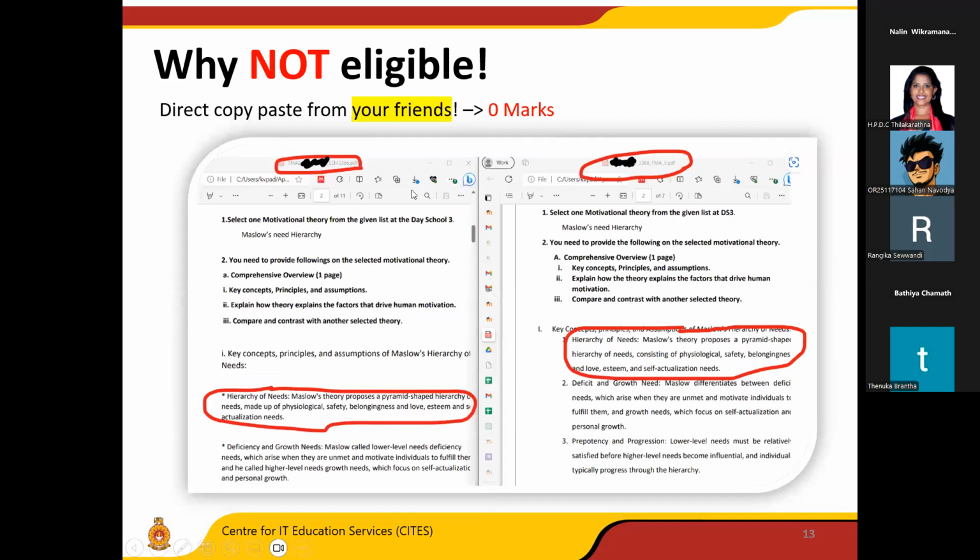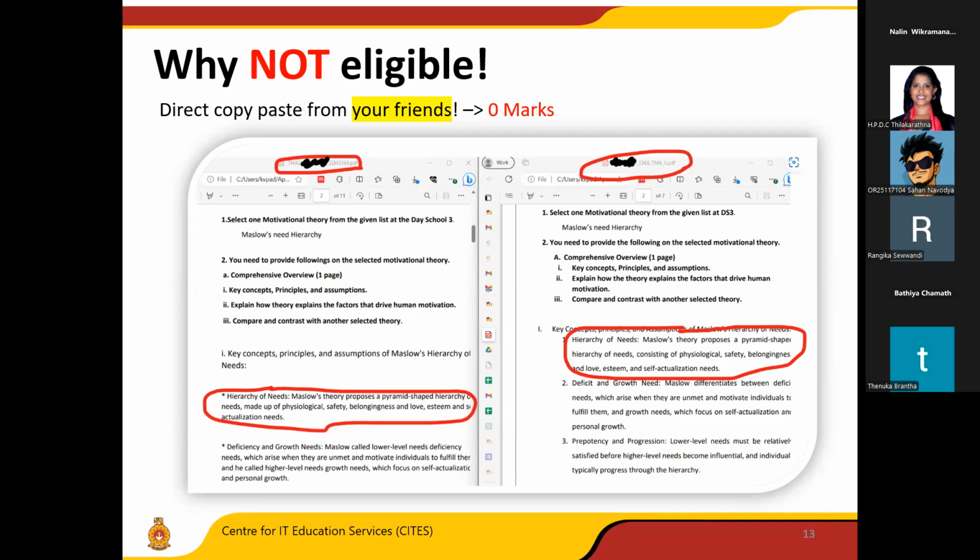Next, some students copy directly from their friends' assignments. This is also strictly prohibited, because you have the potential and ability to complete this assignment individually.